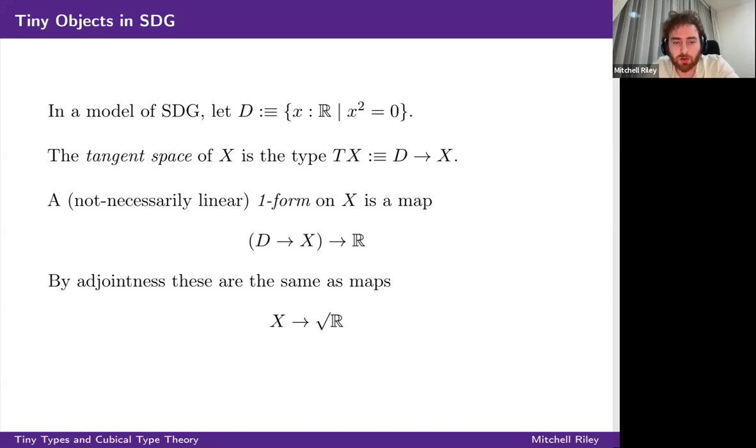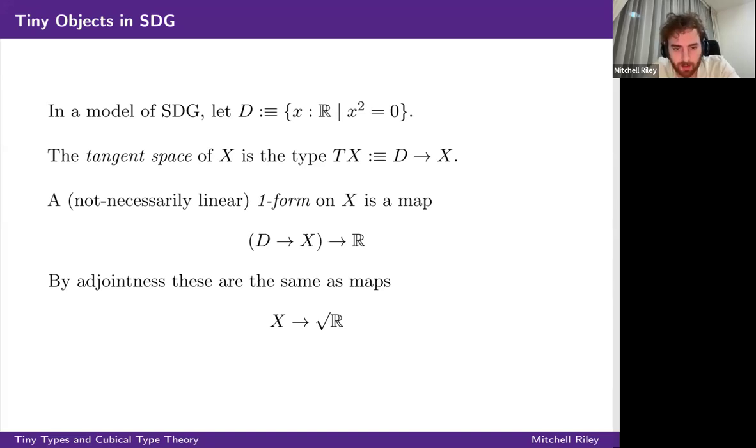Then in differential geometry, you're interested in forms, which are maps, say real valued maps on the tangent space. So in this setting, you end up with maps from that type of functions into the real numbers. And if this infinitesimal disk is tiny, then we can transpose that map.